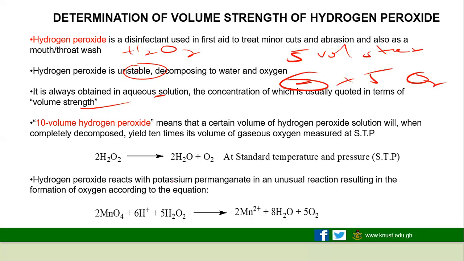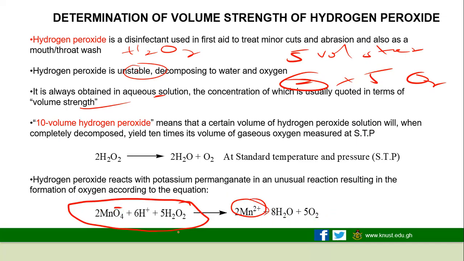Now, hydrogen peroxide reacts with potassium permanganate in an unusual reaction, resulting in the formation of oxygen, according to this. Because of this reaction, we can do the assay of peroxide with KMnO4, because the MnO4- can react with the peroxide and form Mn2+, and that is the faint pink color we are talking about.